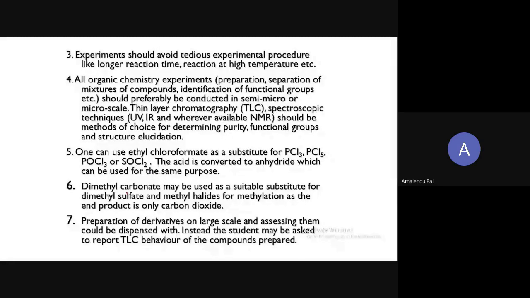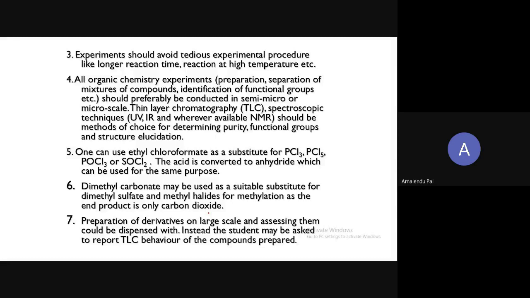Another thing, dimethyl carbonate may be used as a suitable substitute for dimethyl sulfate and methyl halide in methylations. Because if we use dimethyl carbonate for methylation, the end product will be carbon dioxide, a simple compound.